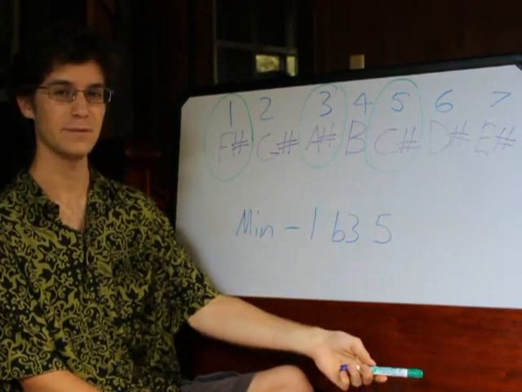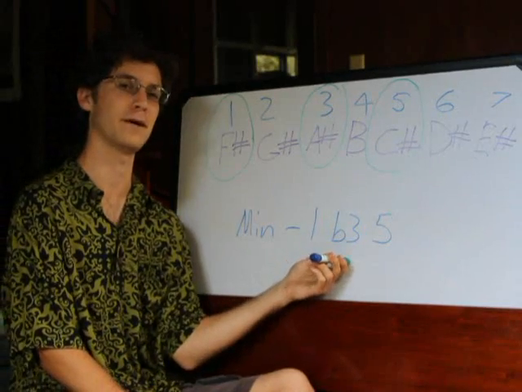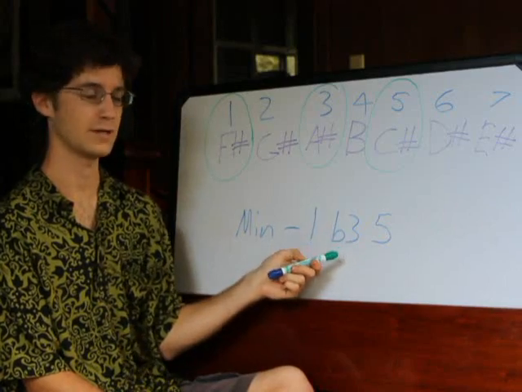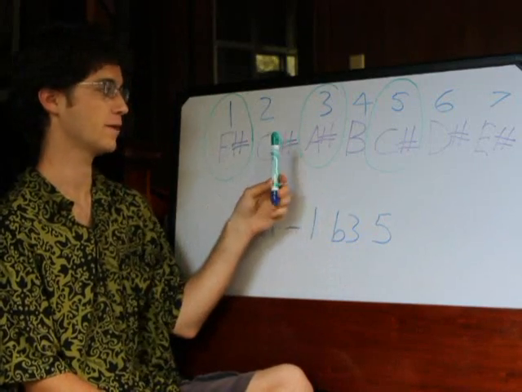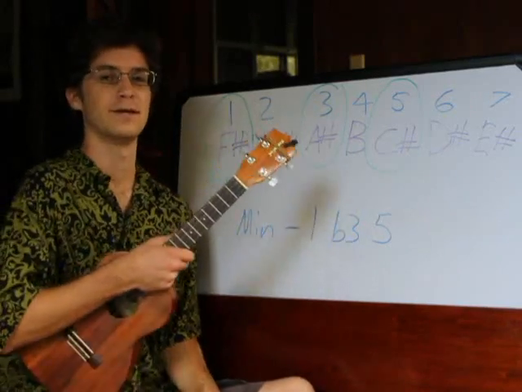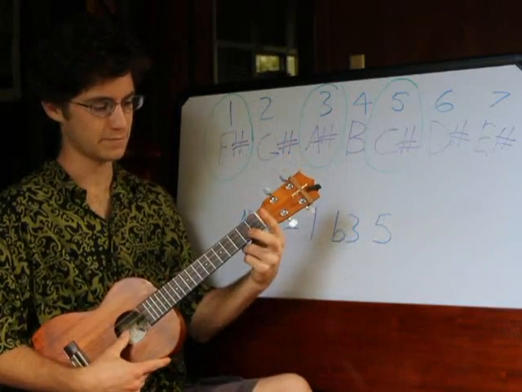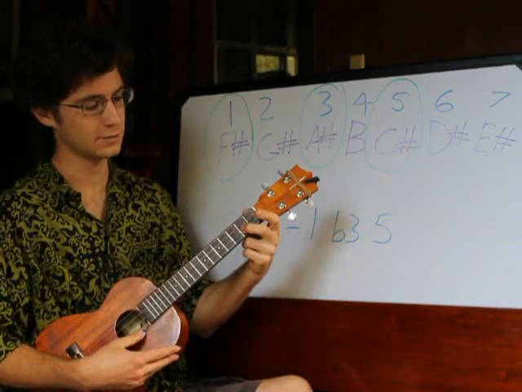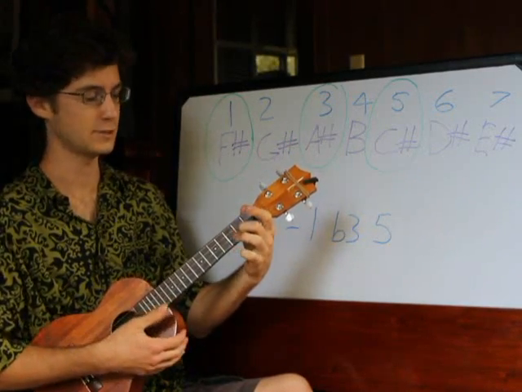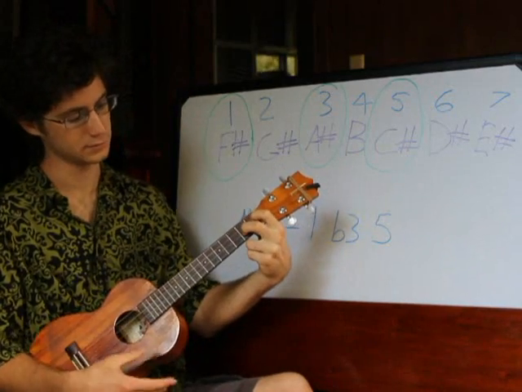Okay, so that's the only difference between major and minor is the 3. It's a normal 3 in major and it's a flat 3 in minor. So you always take down that third when you're making a minor chord. So F sharp, A, because we bring the A sharp down, and C sharp. So F sharp, 2nd fret on the E string, and then just a normal A, you can do the bottom open A string, and then C sharp.